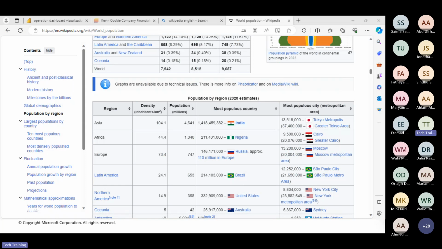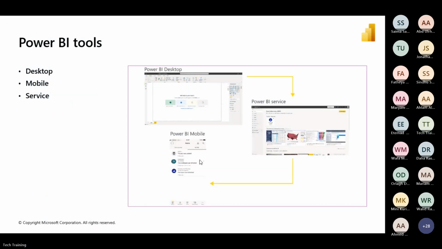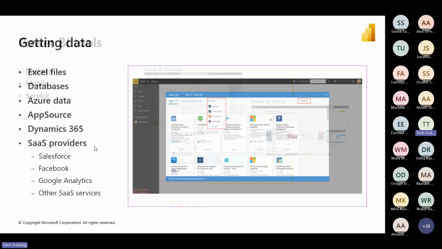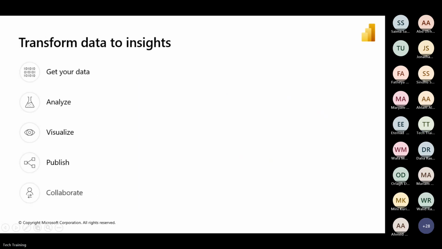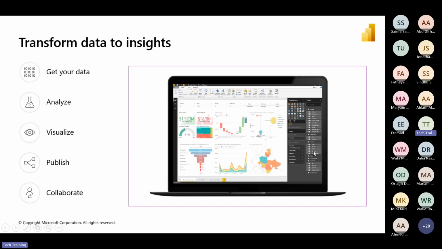So let's move to the next thing. Okay. So getting data, I can get data from any source, Excel, databases, Azure, whatever. As you can see, we have different sources. Again, we transform our data, and whenever we transform our data, we get the results that we want.